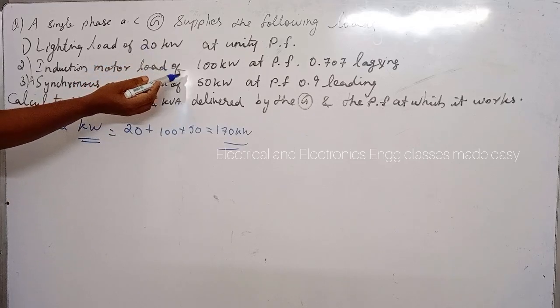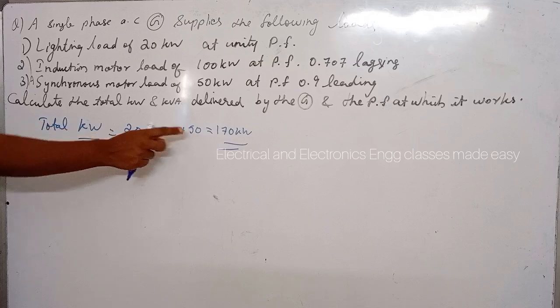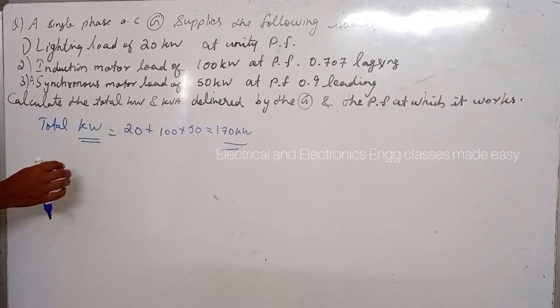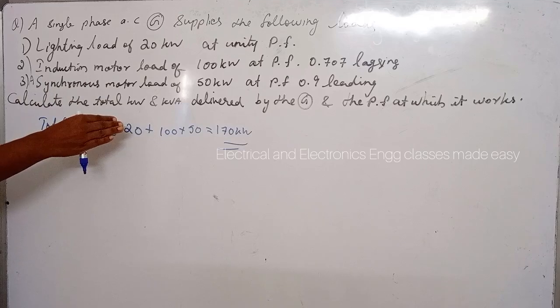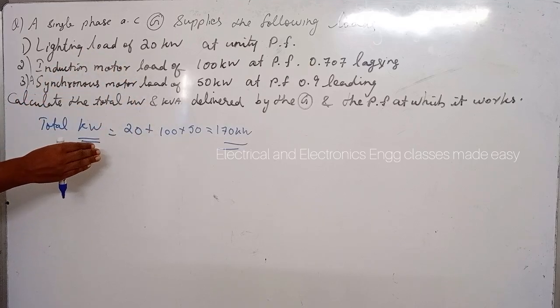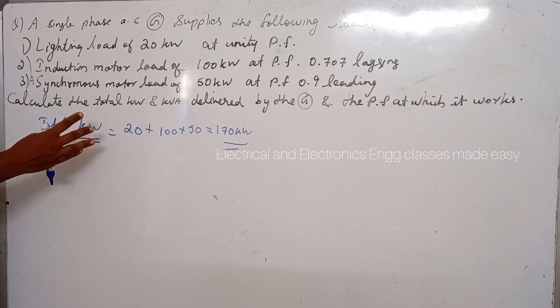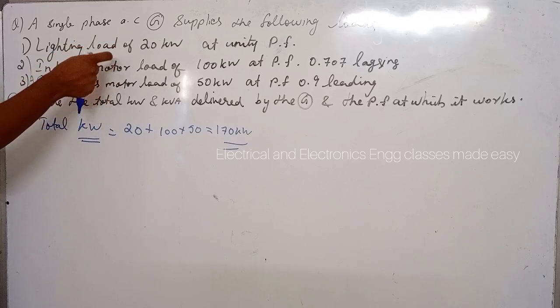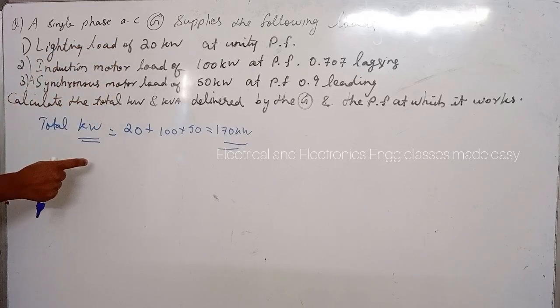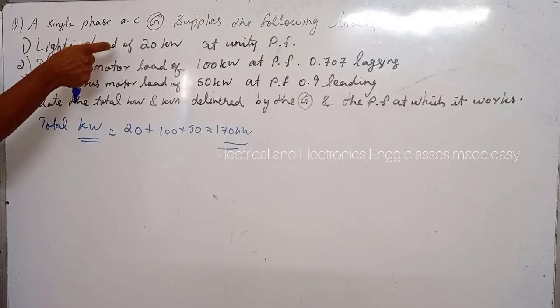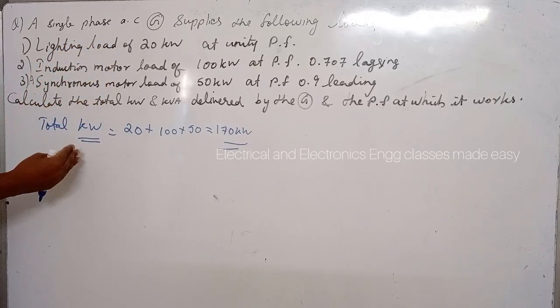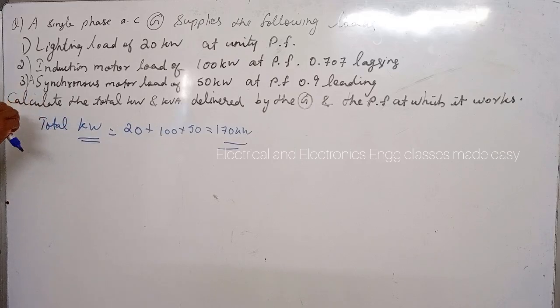So we can add these three kW ratings, but kVA rating of the generator after power factor correction is not the same as the sum of these three loads. So we have to calculate first of all the kVA rating of these three loads separately, and then we have to calculate the resultant kVA.